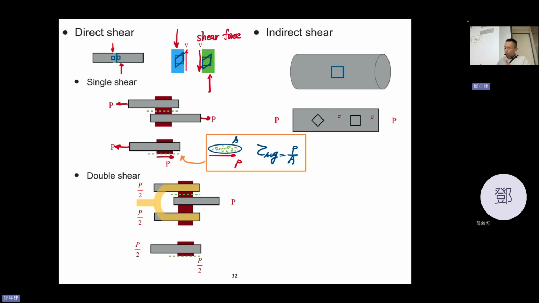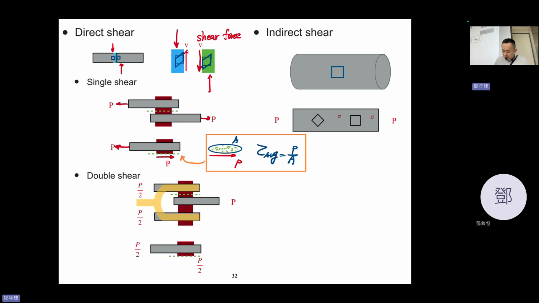And then I'm going to introduce the double shear case. Double shear is really similar to the Y shape on the previous page. You see the textbook is not really well designed. The first example is the double shear, which makes things complicated. I don't know why.